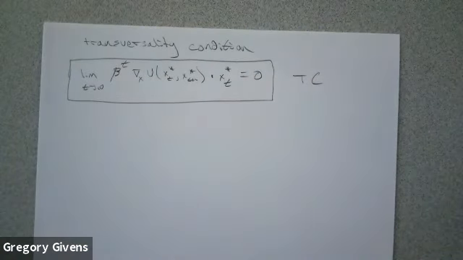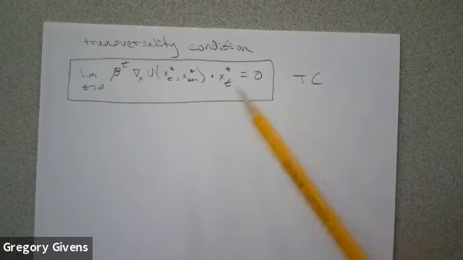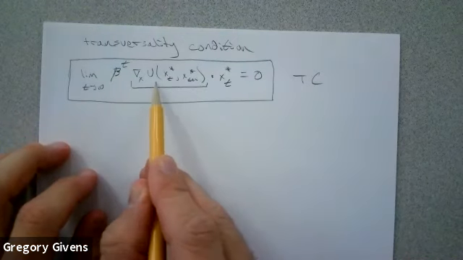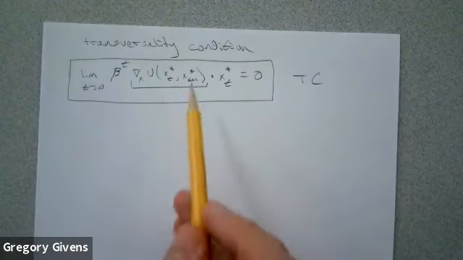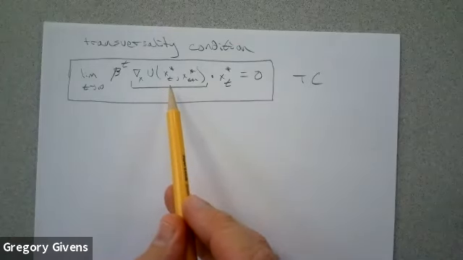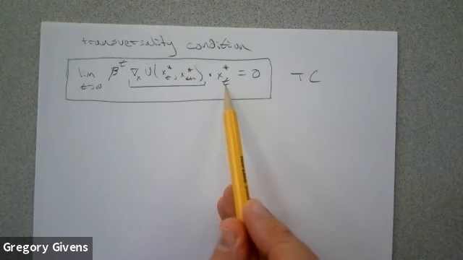You need to kind of commit that to memory and be able to write down the transversality condition for a problem that you might see on an exam or a homework. Okay, what does it mean? So the gradient with respect to the first argument is the marginal value of the state, xt, right? Times, or inner product, the state.